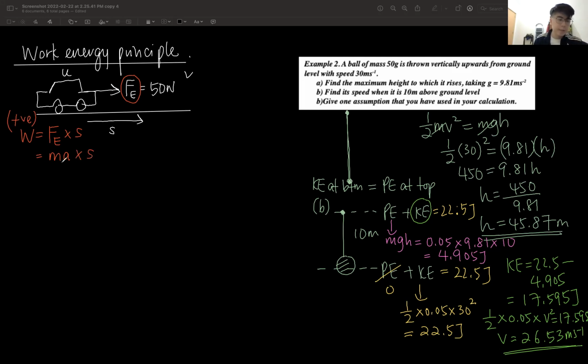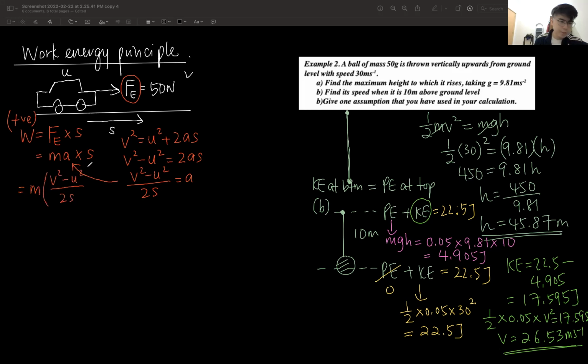Okay, MAS. Now we have learned V square equals U square plus 2AS. If I express this, V square minus U square equals 2AS, and V square minus U square over 2S equals A. This one I put here, equals M times V square minus U square over 2S.